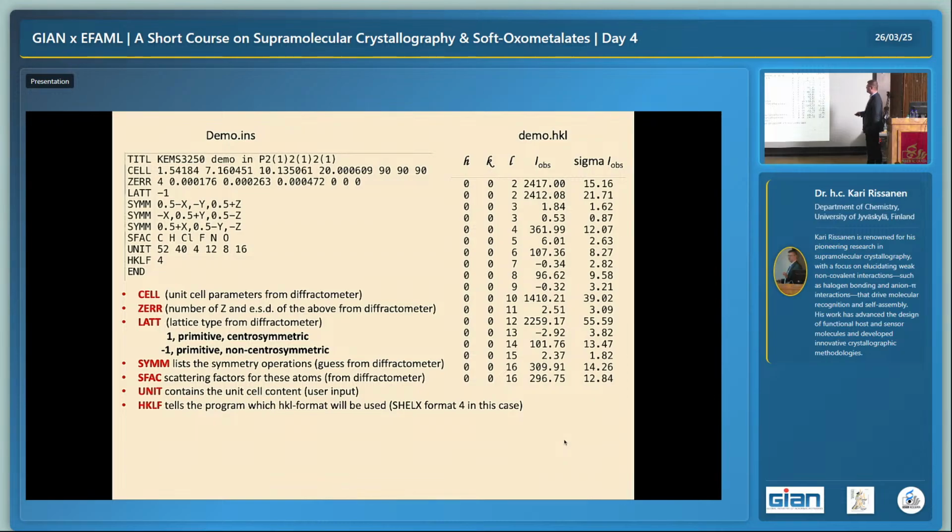It seems that this 0, 0, L equals odd, is missing completely. And this is information that the program has already seen. And based on that information, it considers that the symmetry operations inside that unit cell are those. So the data contains information.